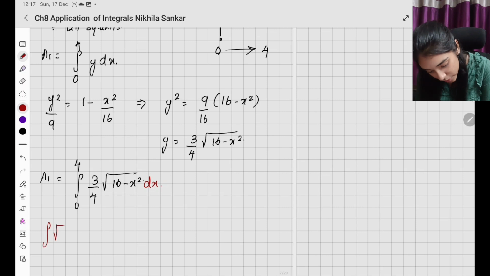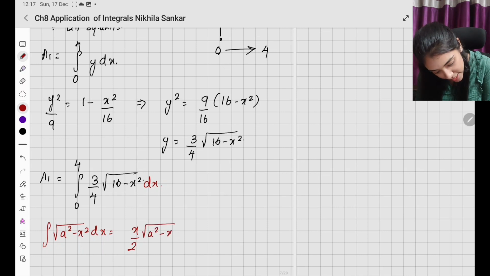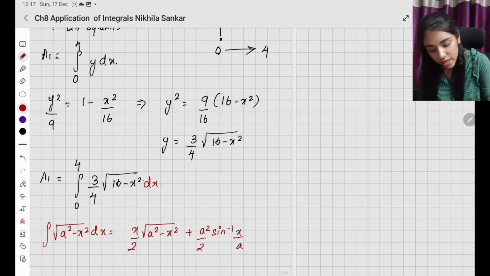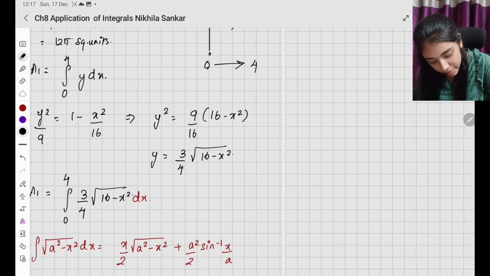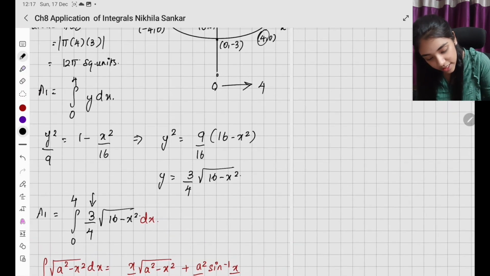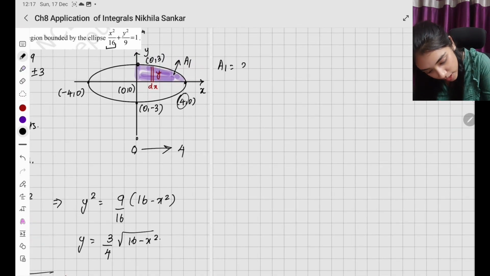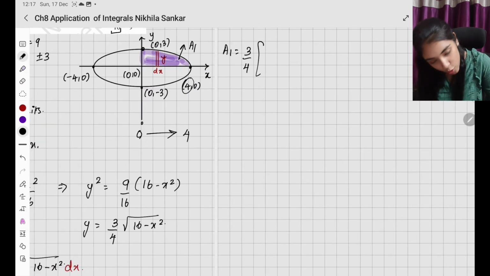What formula do we know? Integration of square root of a square minus x square times dx is going to give me x by 2 times whatever is inside the root, plus a square by 2 sine inverse of x divided by a. Okay. So when I substitute this, what do I have? The 3 by 4 is a constant. I can take that out. So I have a1 equals 3 by 4. I'm going to open a bracket.